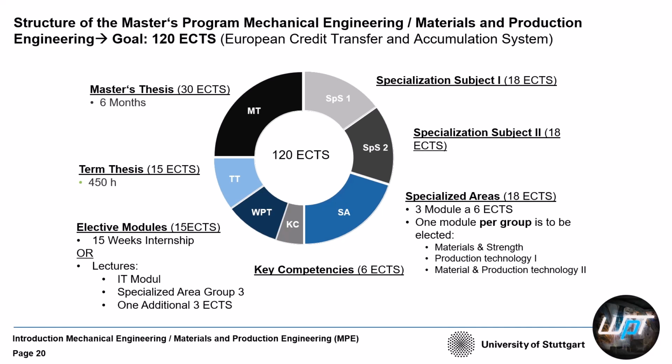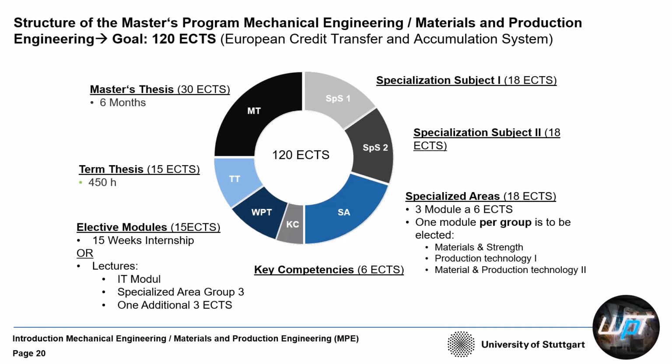An easy choice. We don't want to make it too complicated, but this SA, which is indicated here in blue, specialized area, are just an add-on on the topics and on the courses you choose in the specialization area.